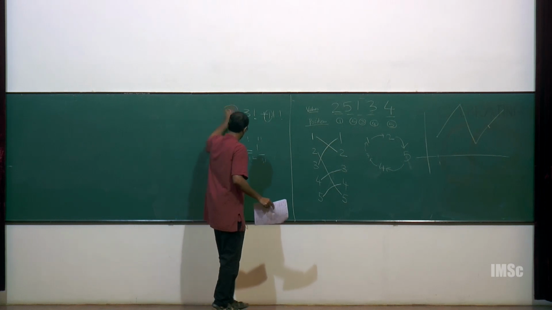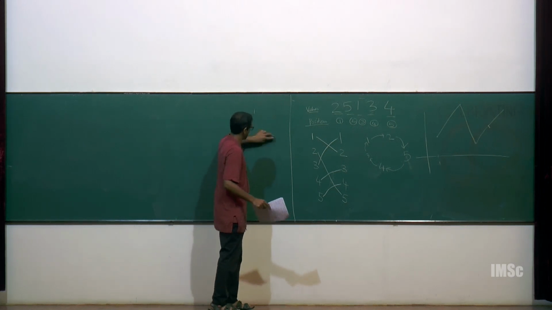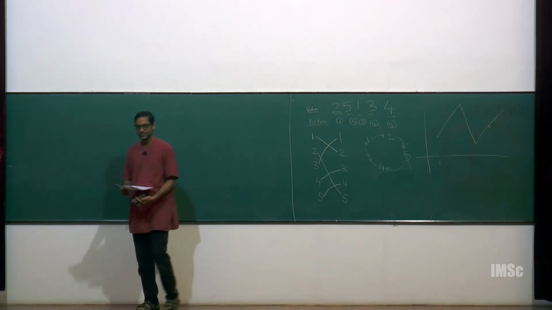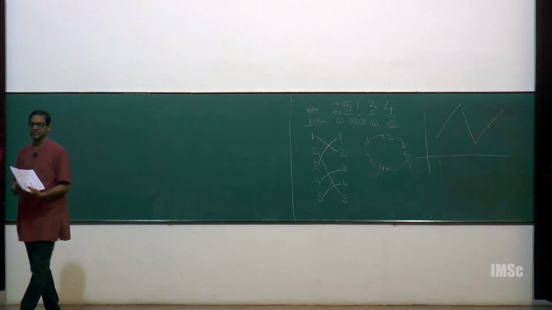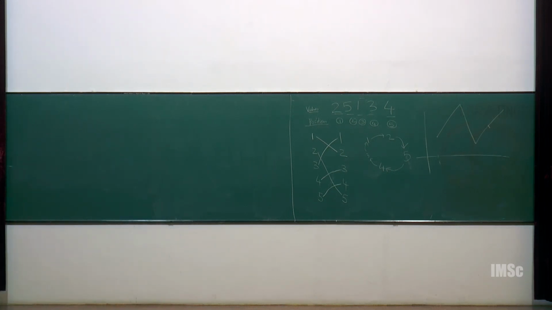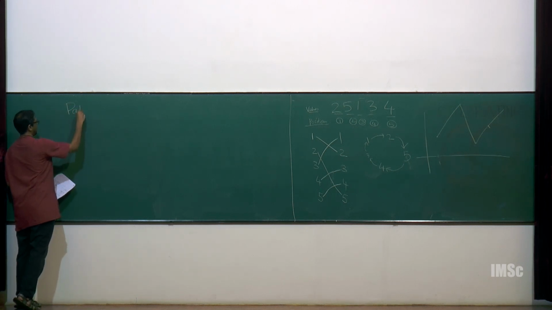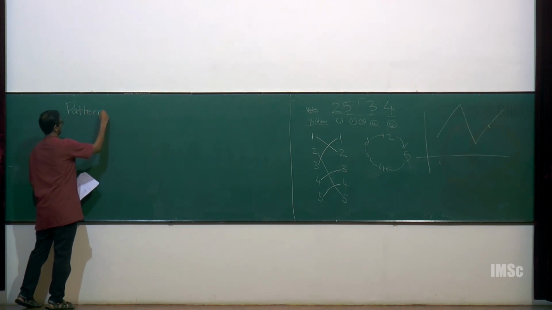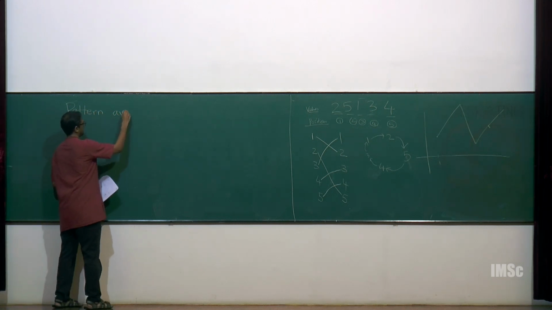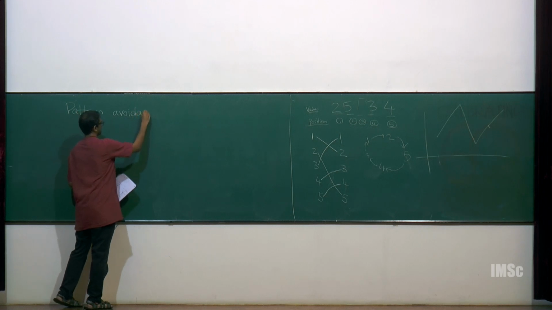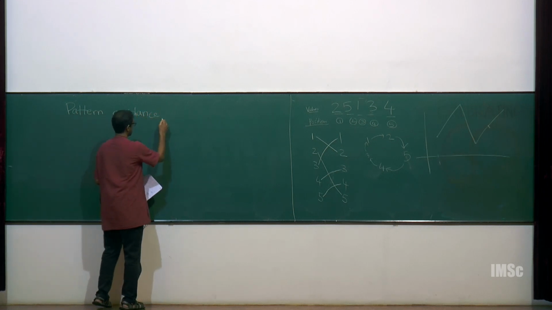Now let me get to the title of my talk in some sense, which is pattern avoidance. Okay, so we'll talk about patterns. Now what is a pattern? So pattern avoidance in permutations.